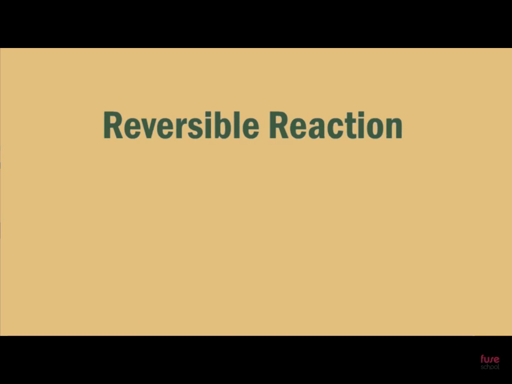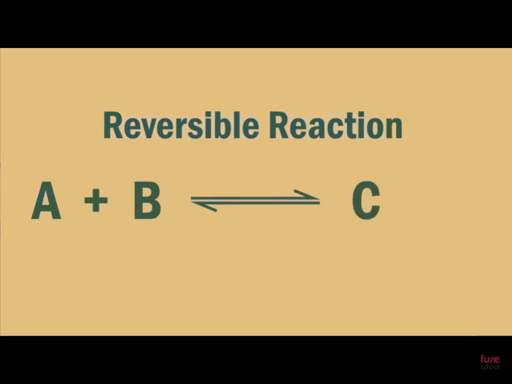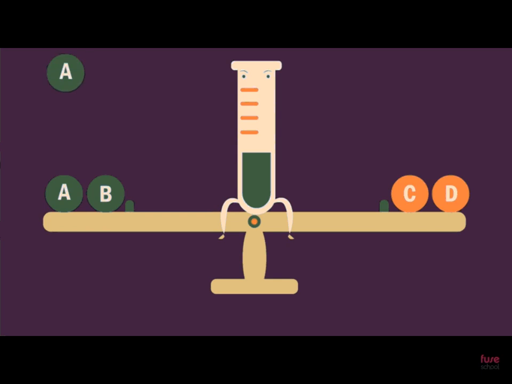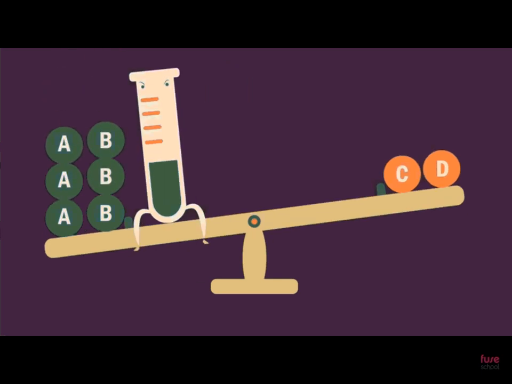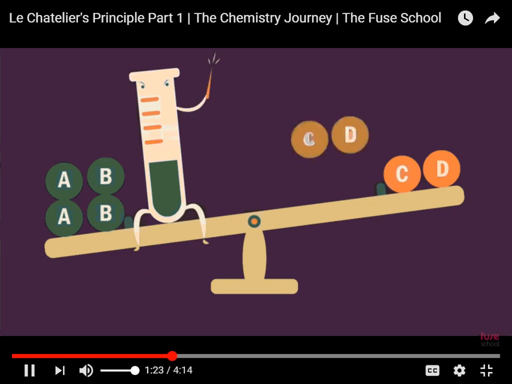Let's examine a hypothetical reversible reaction at equilibrium where reactant A reacts with reactant B to form product C and product D. If we added more A and B, the system becomes stressed and is no longer at equilibrium. To counteract the stress, the system forms more C and D.